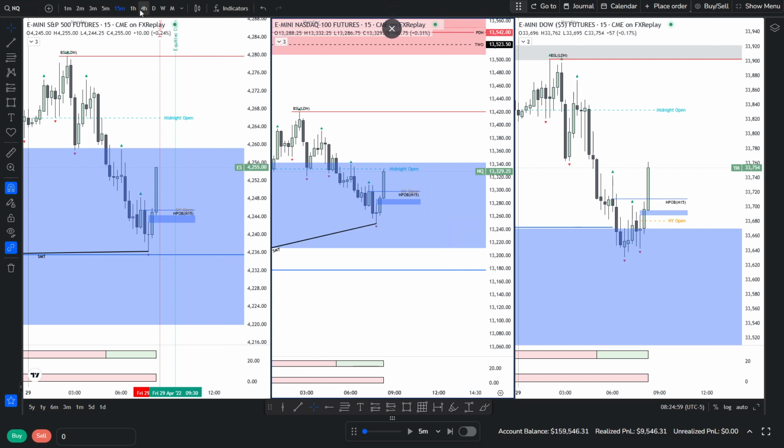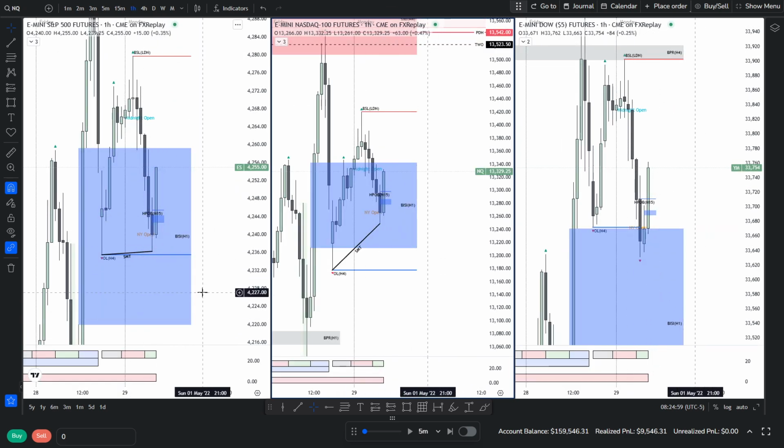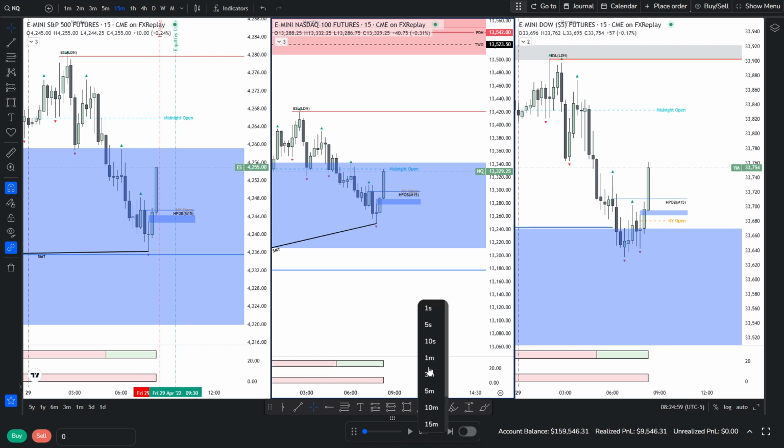Just want to check the H1. Interesting. H1 candle would be purged. So I'm going to drop down to an M1 just because I want to, and then I'm just going to click through just to see how the candles close.